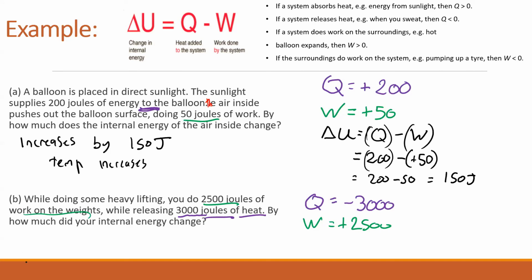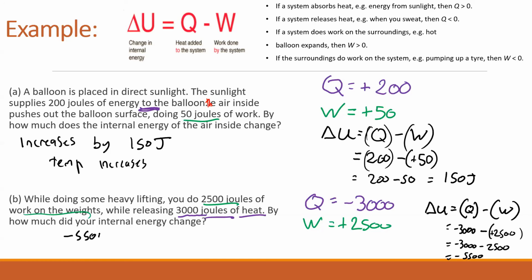So if I then do this formula, delta U equals Q minus W, and I'm putting them in brackets because I want to do this properly. We've got negative 3,000 minus positive 2,500, which is going to give us negative 5,500.